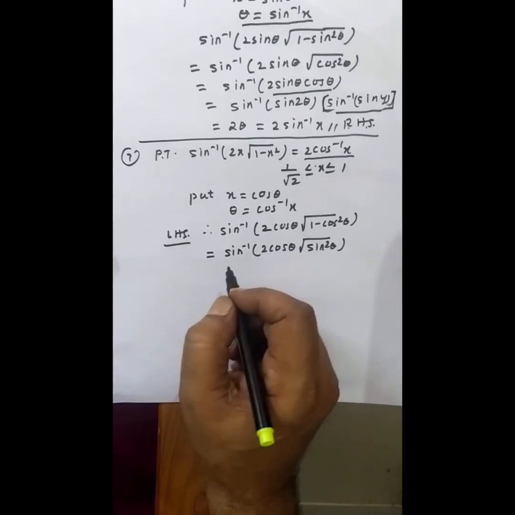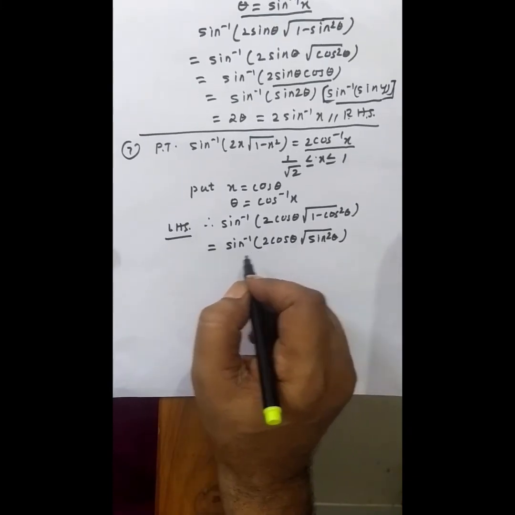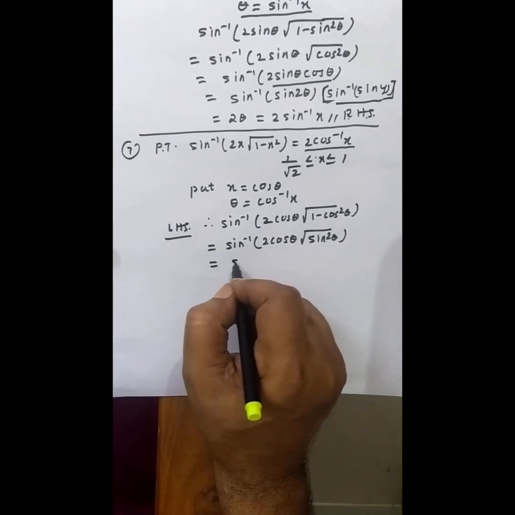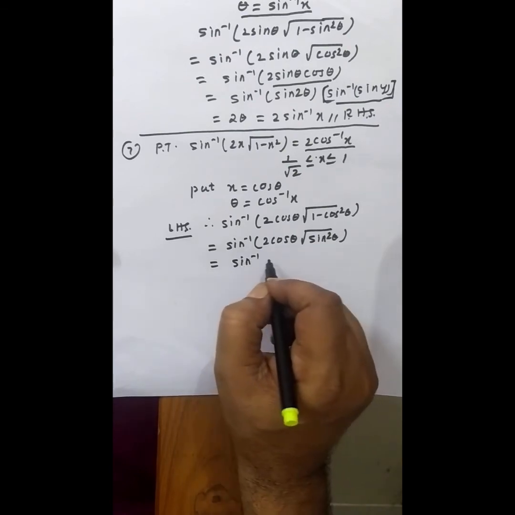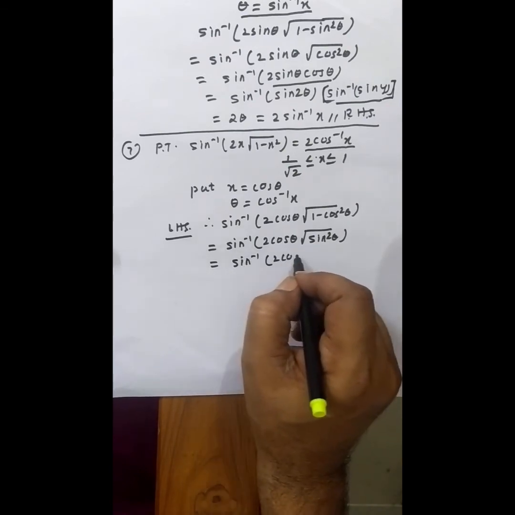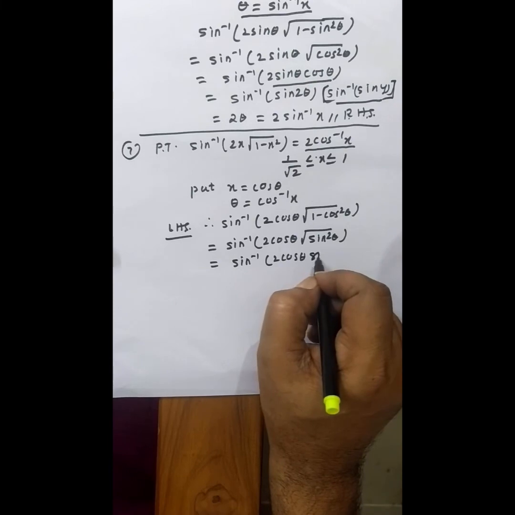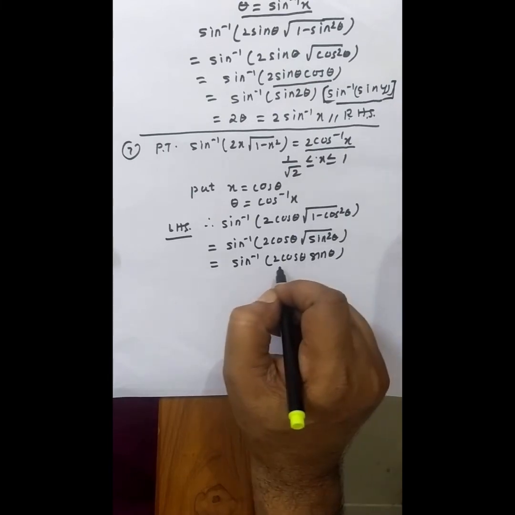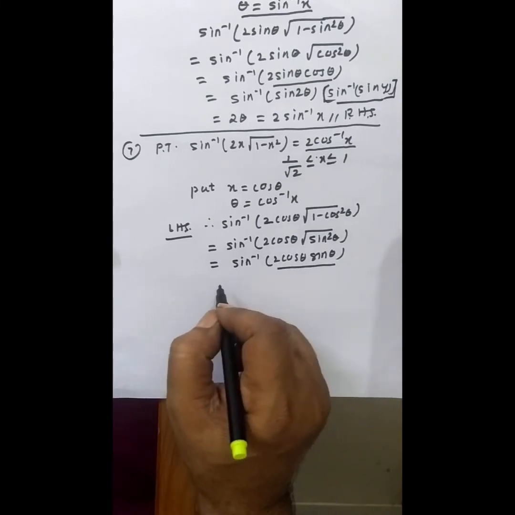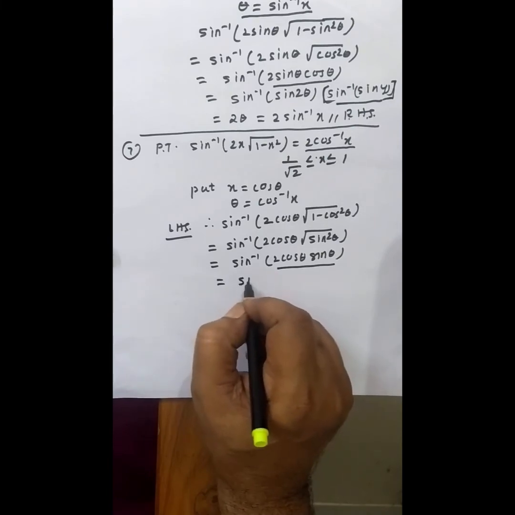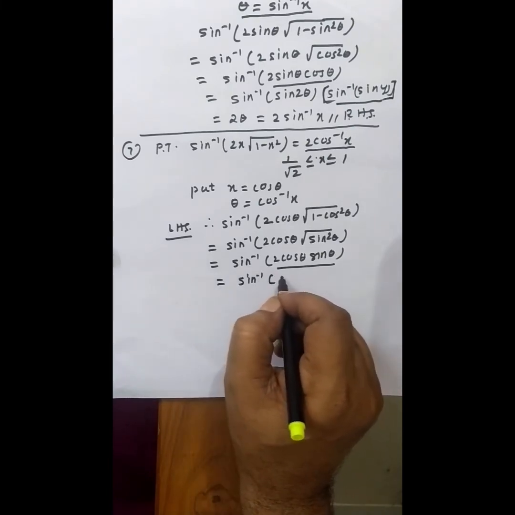What is root of sine square theta? Root of sine square theta is sine theta. So we can write sine inverse of 2 times cos theta into sine theta. Now what is 2 cos theta sine theta? It is nothing but sine 2 theta. So it is sine inverse of sine 2 theta.